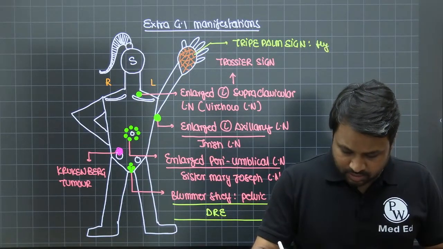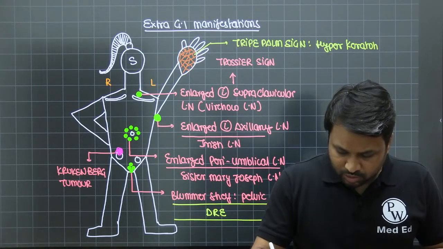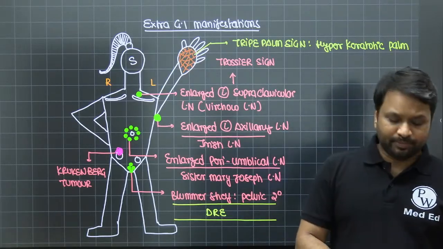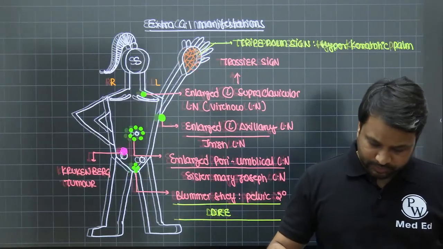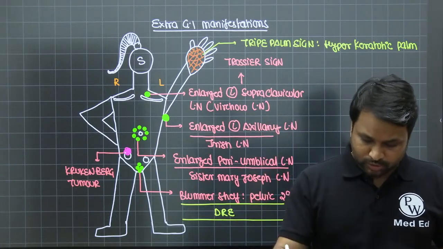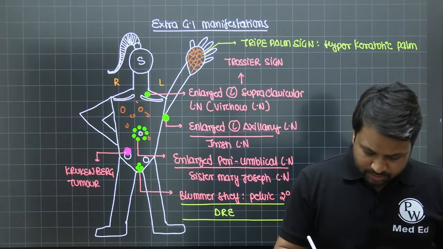This is your hyperkeratotic palm, right? On the other hand, when you look at the back, that is on the torso, you will see multiple skin lesions which are present.